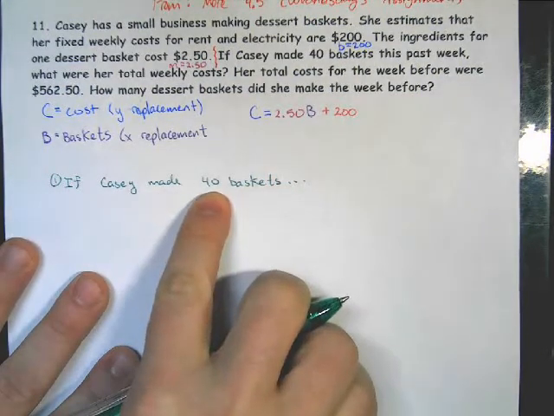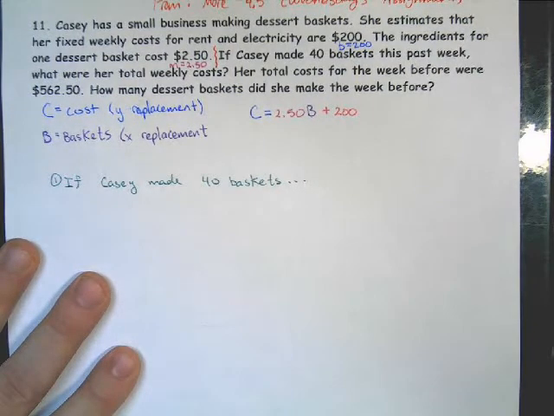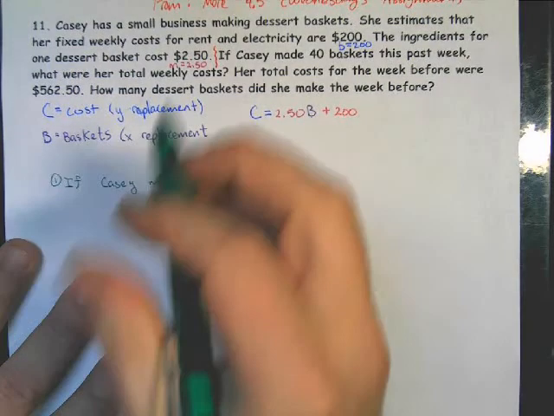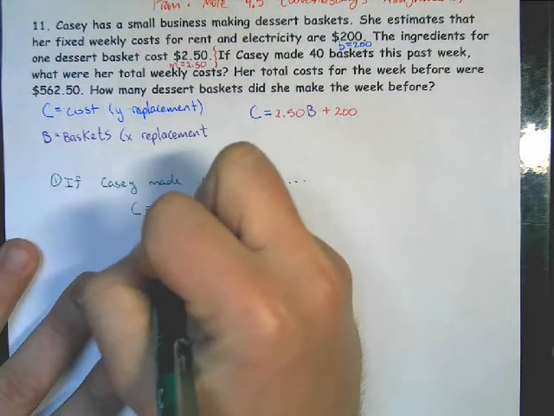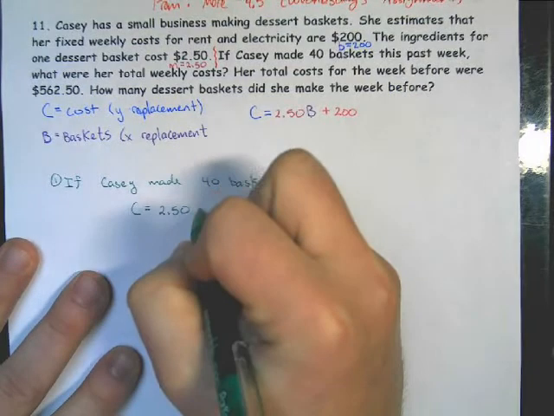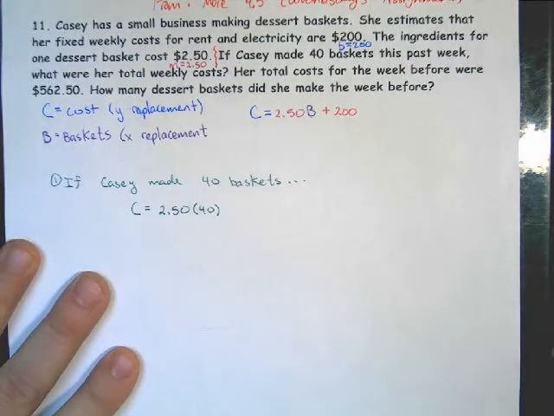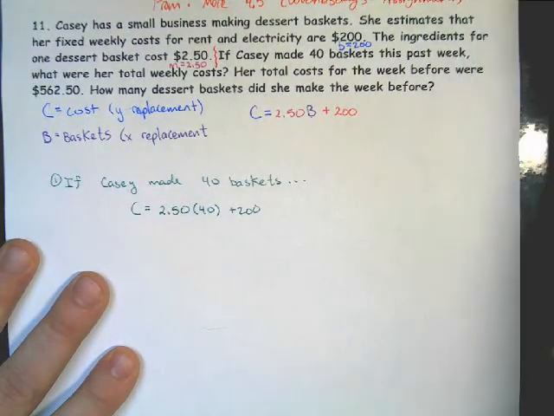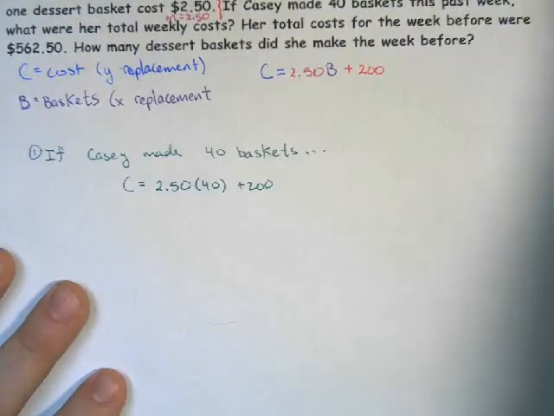Is 40 going to plug in for our B, or for our C? Well, 40 is referring to the number of baskets, so we're going to plug it in for B. Let's find out the cost. We have $2.50 per basket times 40 baskets, plus the $200, our weekly overhead for electricity and water and rent.